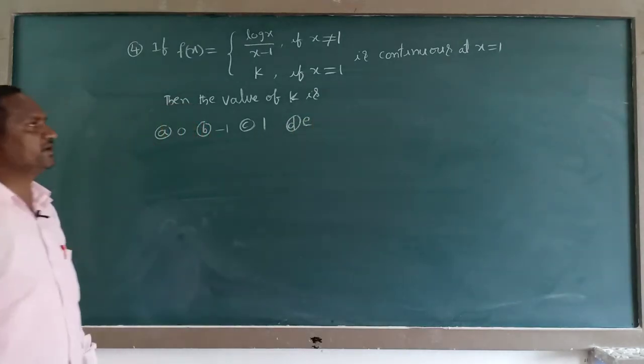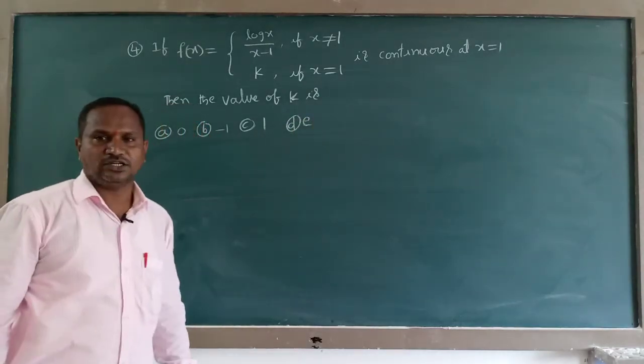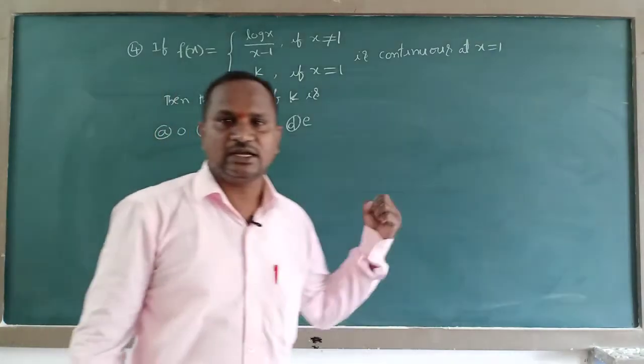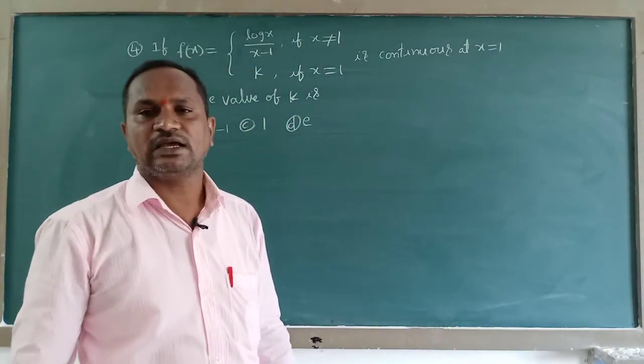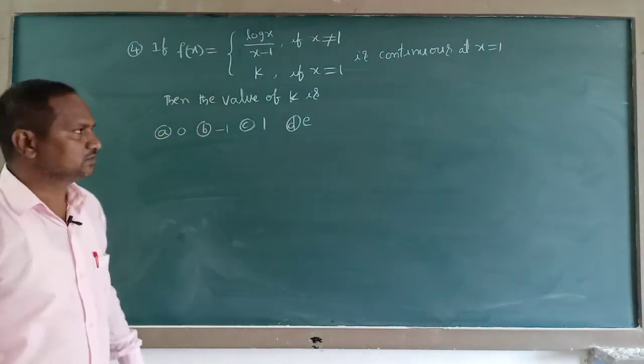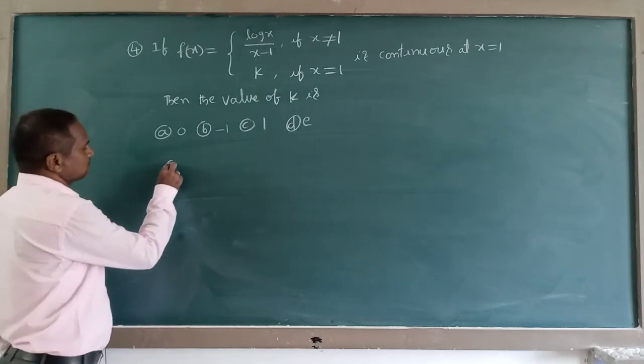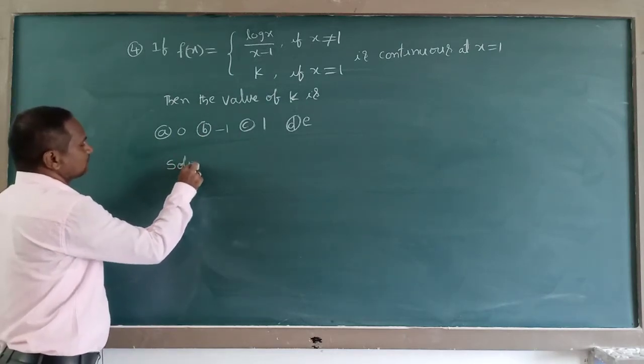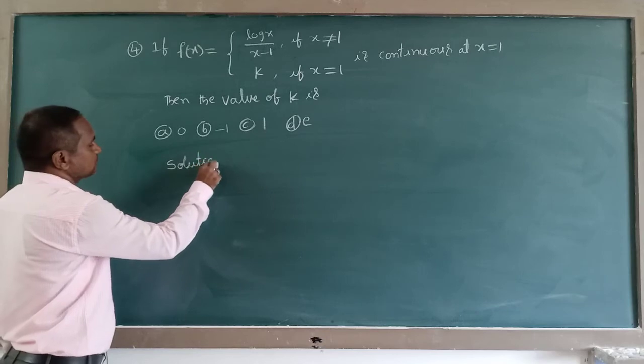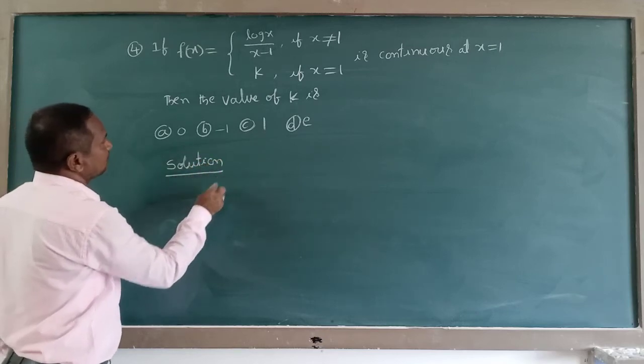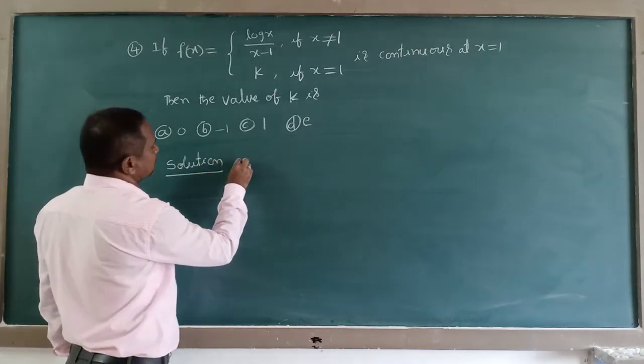Is continuous, they mentioned here. Is continuous means directly we can take limit value is equal to function value. Solution to this question is: limit value is equal to function value.